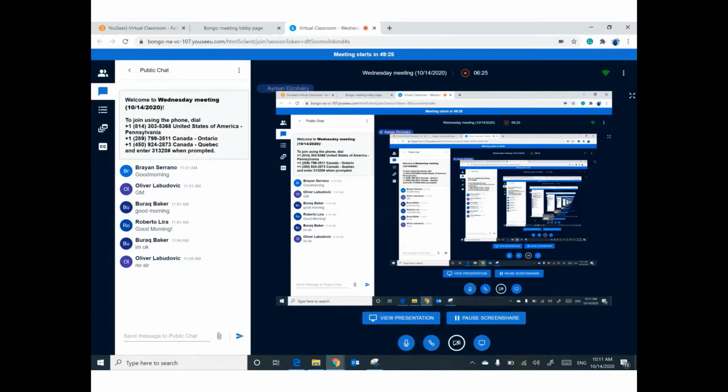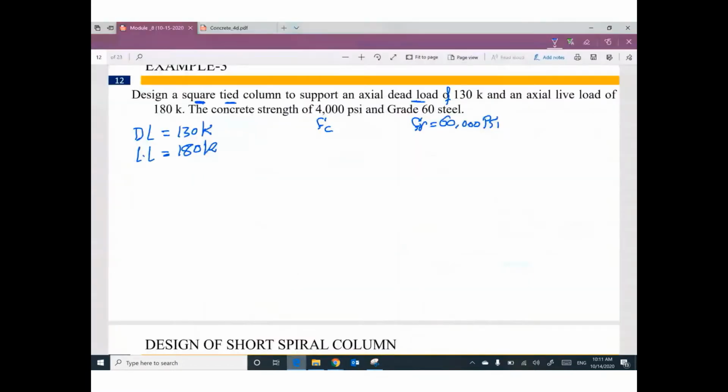Sorry, guys, I'm back. So first step, what is the ultimate load on your column? P ultimate equals 1.2 dead load plus 1.6 live load, equals 1.2 times 130 plus 1.6 times 180.